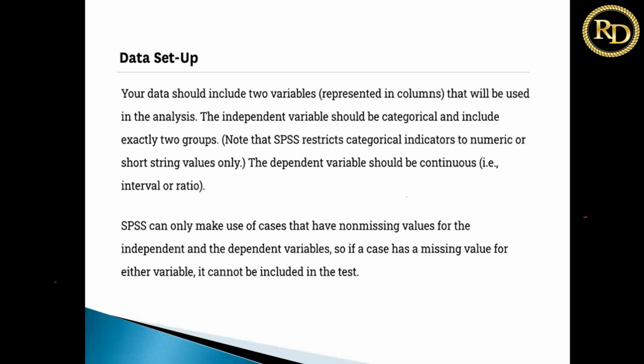So for the data setup, all the same things should be there. Your data should include two variables, as we have discussed: one is the test variable and another one is the grouping variable, that is a categorical variable, and then we calculate the T value.